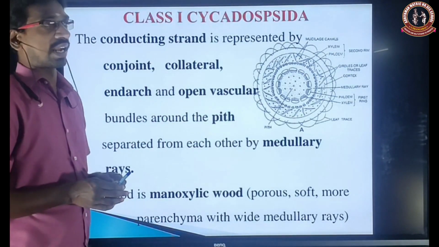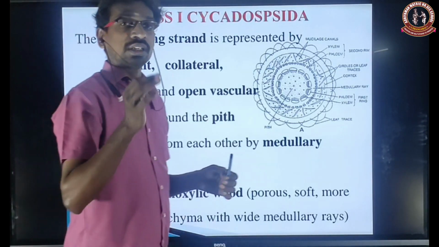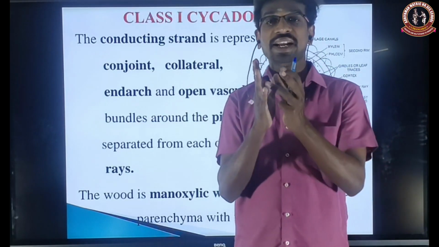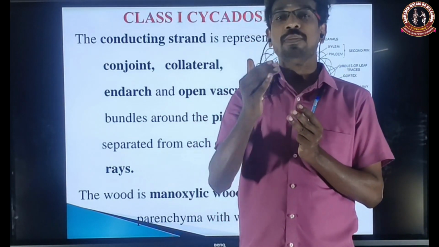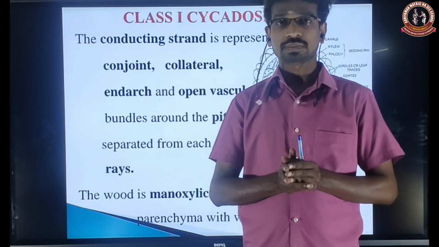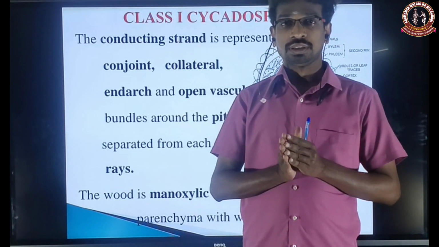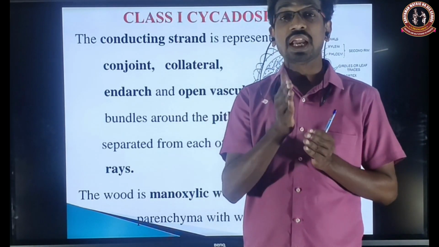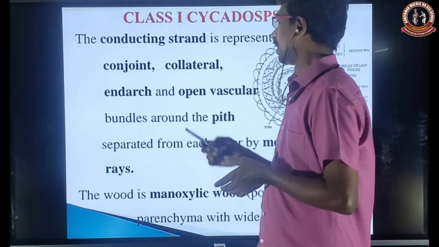The conductive strand is represented by conjoint bundles. Conjoint means both the xylem and the phloem are organized in a group, present one above the other. It's not alternate. The xylem and the phloem are not present on different radii; they are present on the same radius, one above the another.